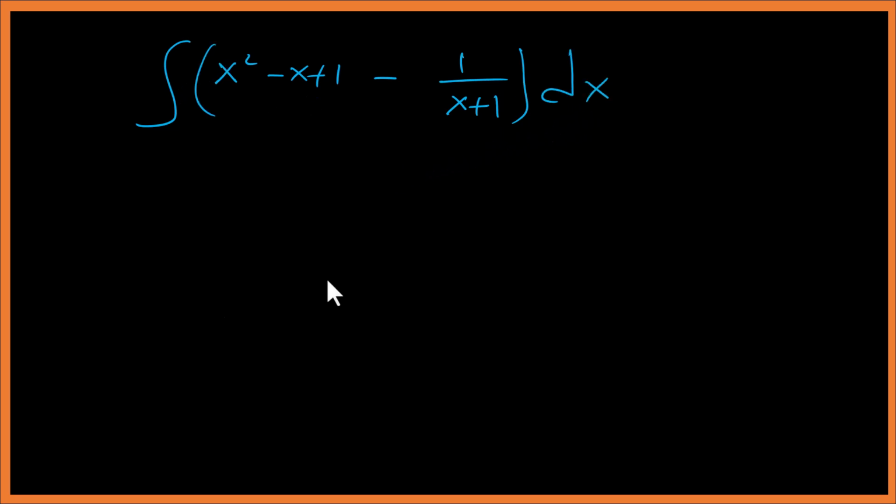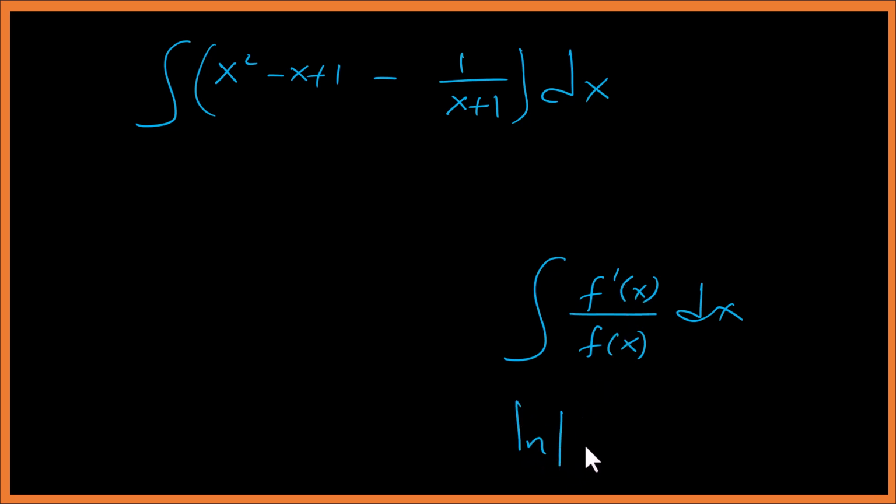Now before we continue, anytime you're given f of x and f prime of x, a function and its derivative, if the derivative of the denominator is what is in the numerator, the answer becomes the natural log of the absolute value of the denominator plus c.